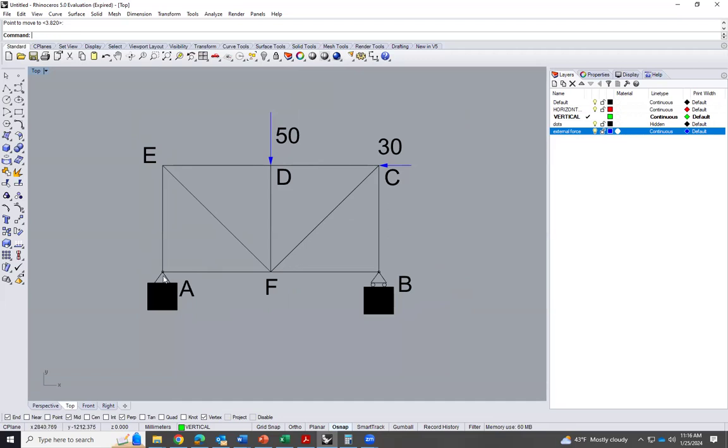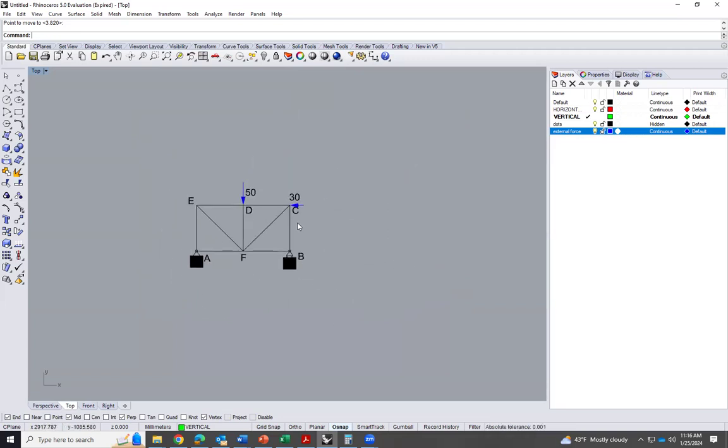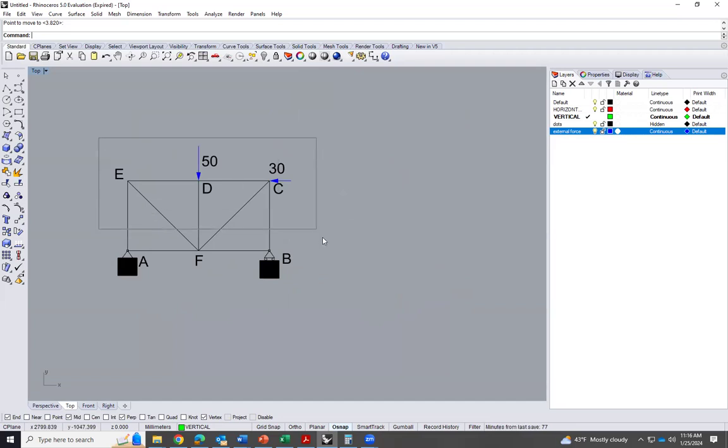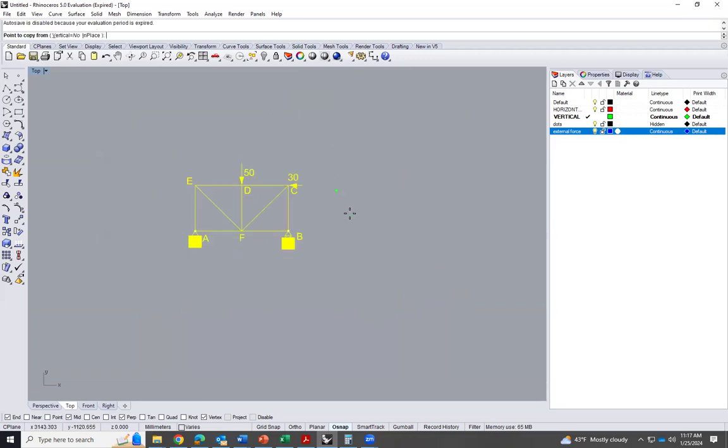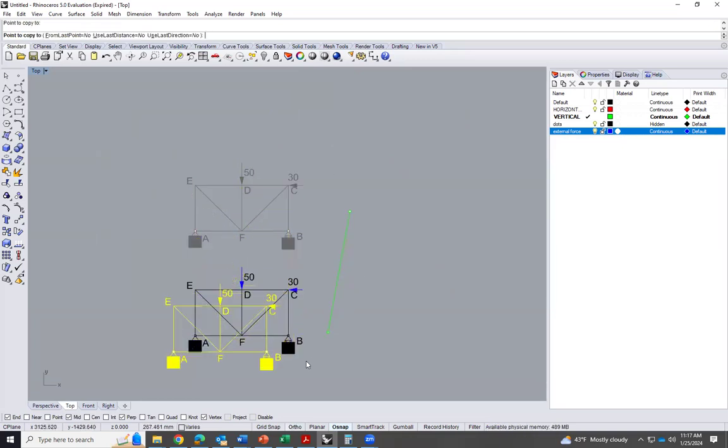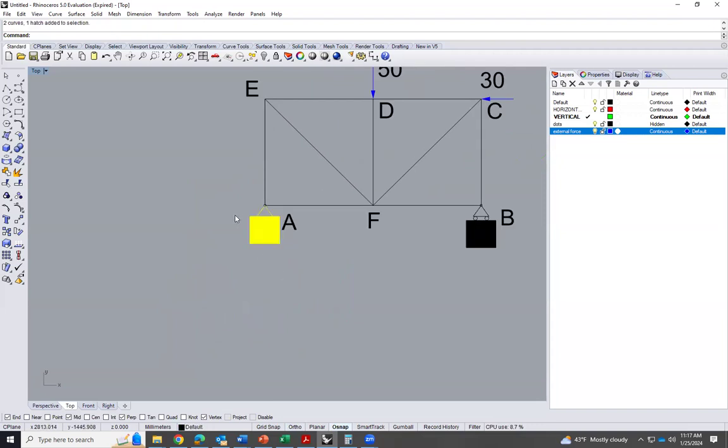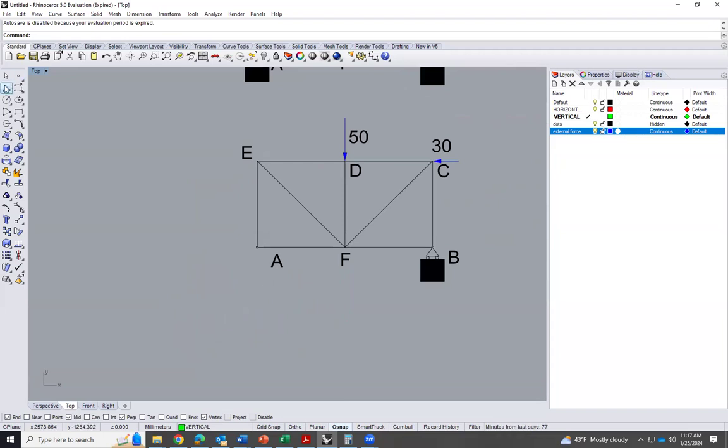So we have to calculate the support forces or the constraints that we have at point A and at point B. So instead of drawing the roller, I'm going to copy this, and that hinge is going to be a force.